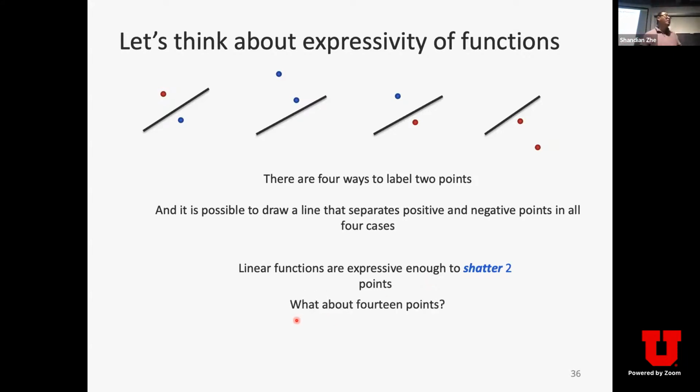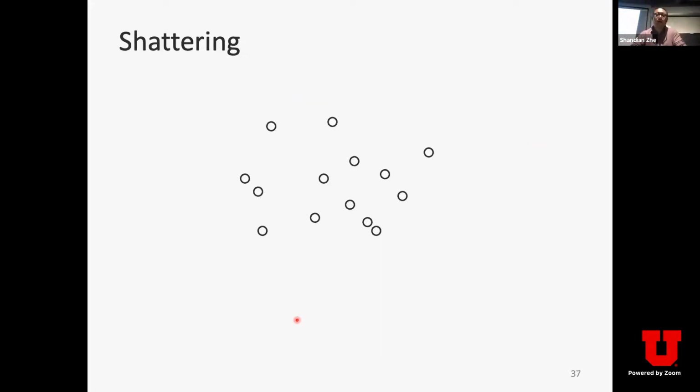Now let us consider a more complicated case. What if I gave you 14 points? Can we claim that our linear hypothesis space shatters 14 points here? Do we need more information?